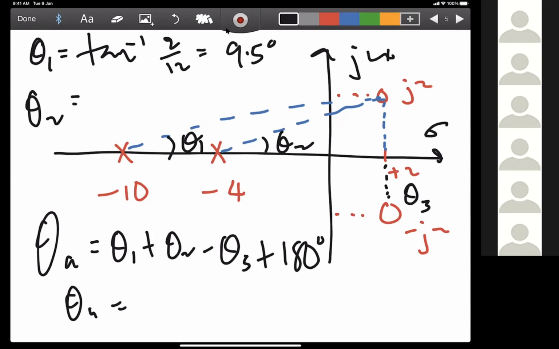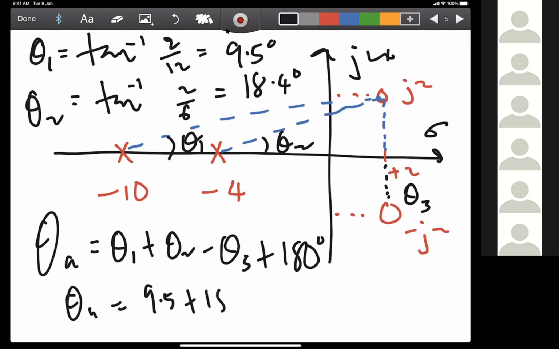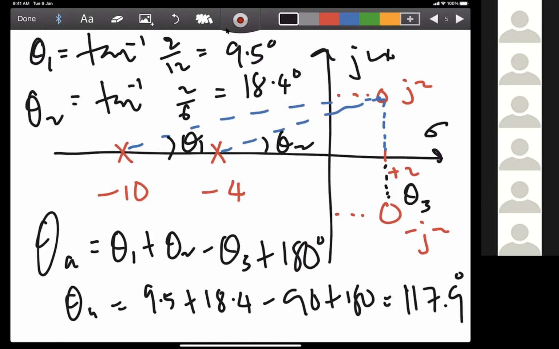Theta 2: arctangent of 2 over 6, which is 18.4. Theta 3 is 90 degrees. So theta A is 117.9.